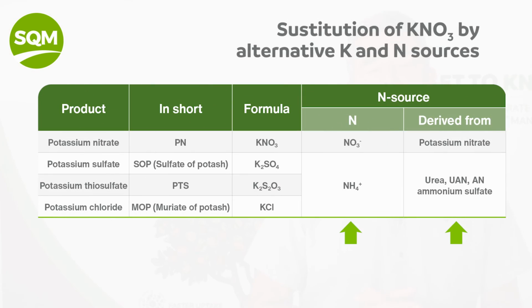And if you add a nitrogen source, you have to use urea, or urea ammonium nitrate, or ammonium nitrate, or ammonium sulfate. The common denominator of all of those is that they contain or break down to ammonium. There might be some nitrate in those products, but you are introducing a whole lot more ammonium than you would if you're using potassium nitrate.